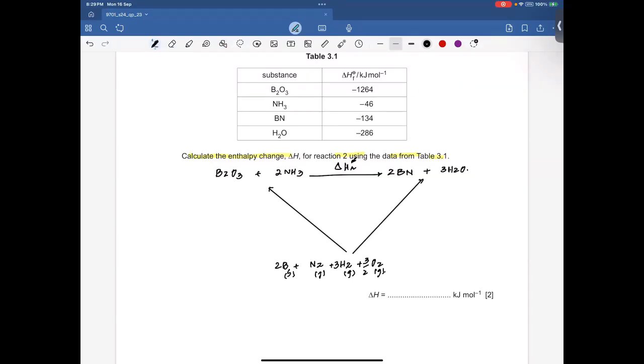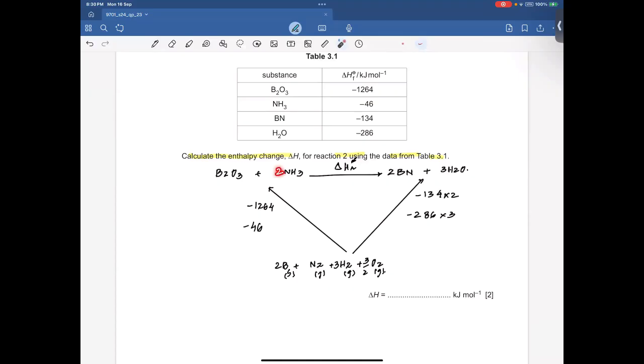Now, BN has a value of minus 134. We know that it has 2 moles in the equation, so we need to multiply the energy value by 2. The formation of water is minus 286. We know that it has 3 moles in the equation, so we need to multiply by 3. B2O3 has minus 1264. Ammonia has minus 46.